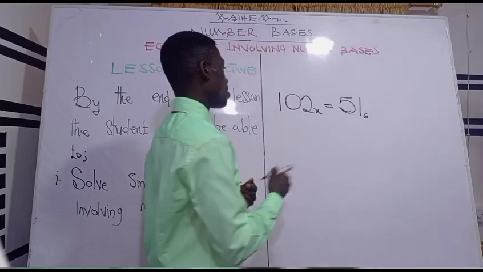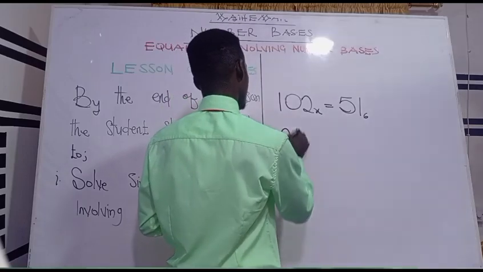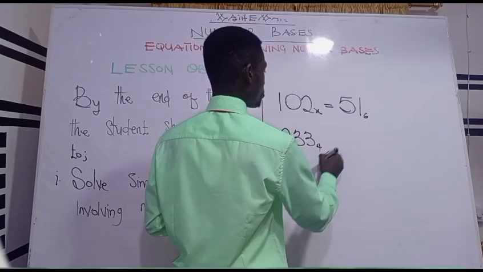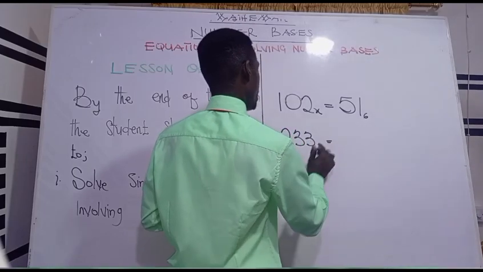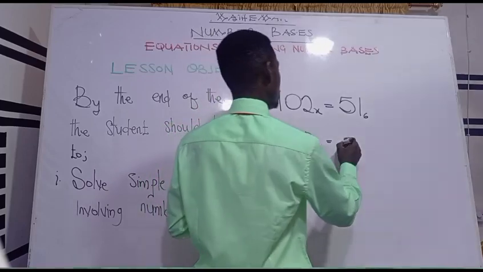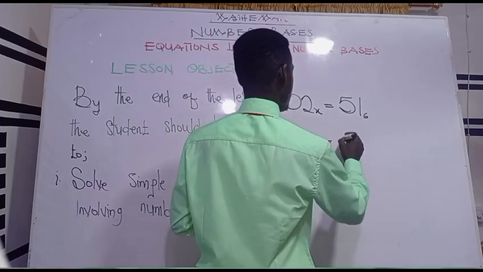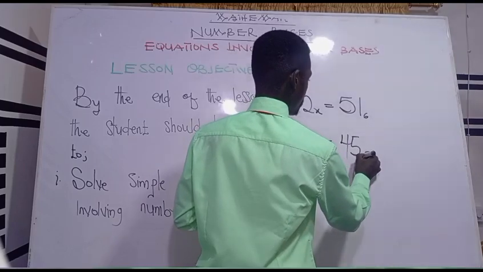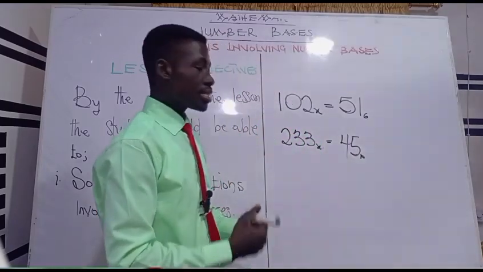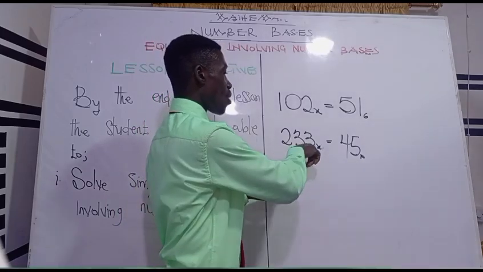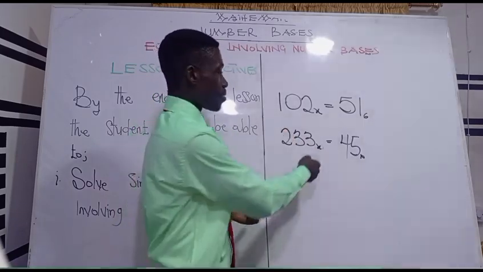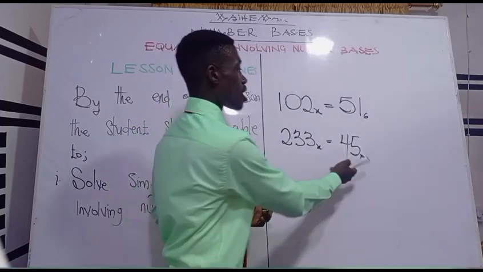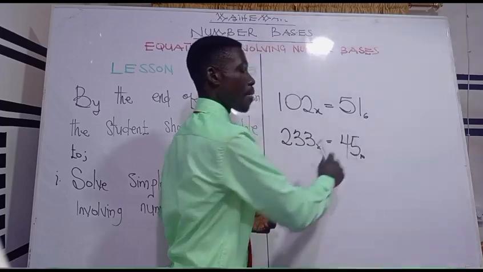Similarly, when you have a numeral such as 233 base x is equal to, let's say, 45 base 10. Now realize that we have a numeral with an unknown base, which is indicated as base x, being equated to a numeral with a known base, which is base 10.